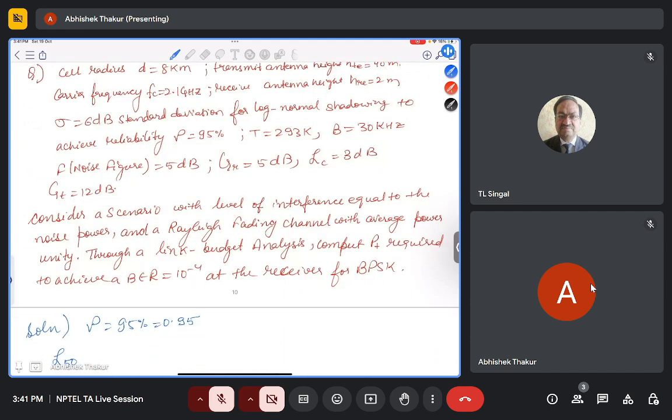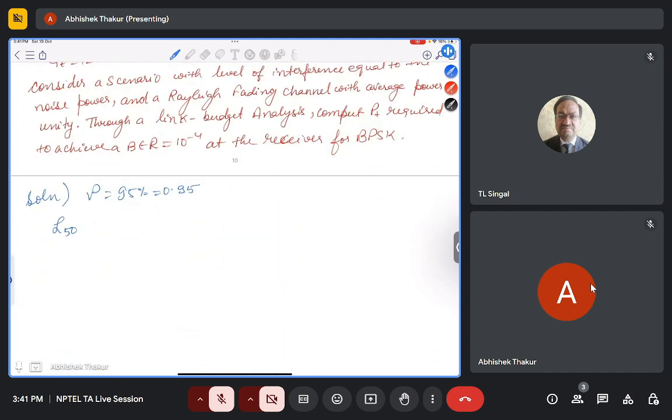The median path loss is also given as 167 dB, and the margin loss is given as 10 dB, and the noise power can be calculated as KTF.